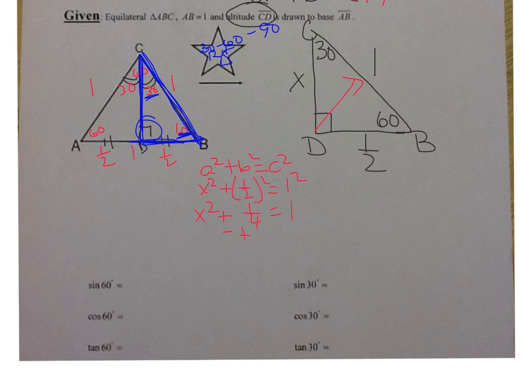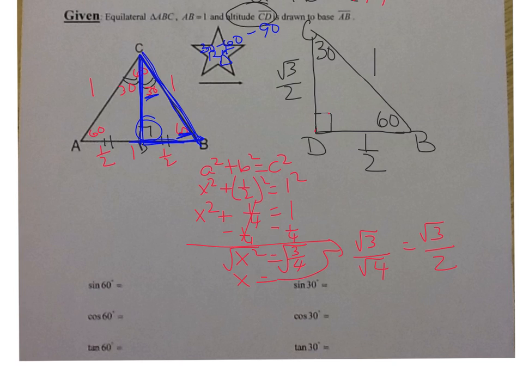Minus 1/4 from both sides. So you can use your calculator. So 1 minus 1/4 though is 3/4. Take the square root of both sides. I get x is equal to the square root of 3 over the square root of 4, which is the square root of 3 over 2. So therefore, this side right here is now equal to the square root of 3 over 2.